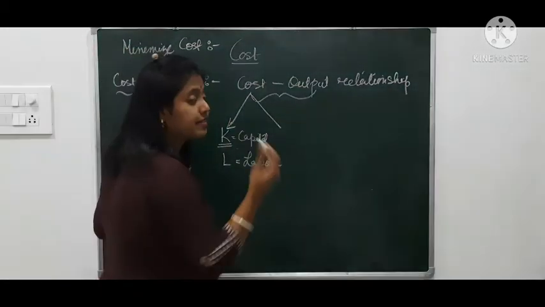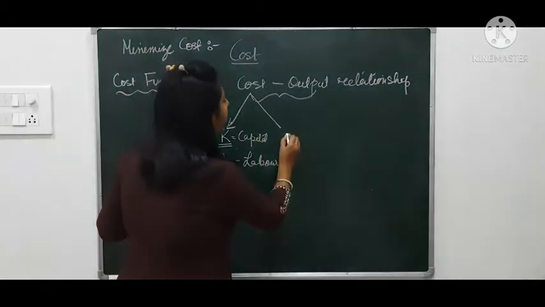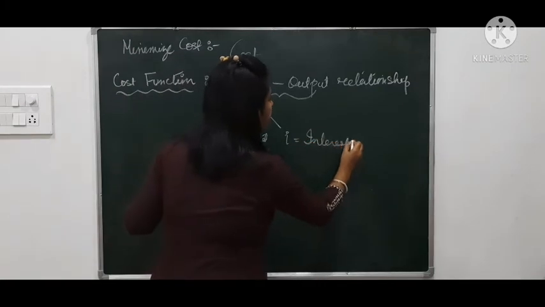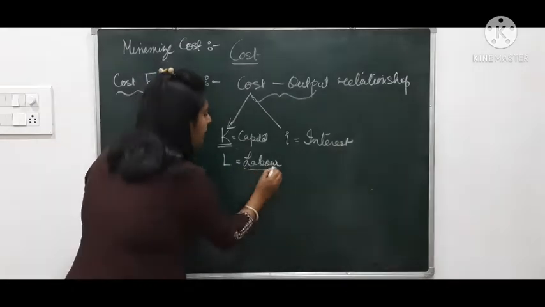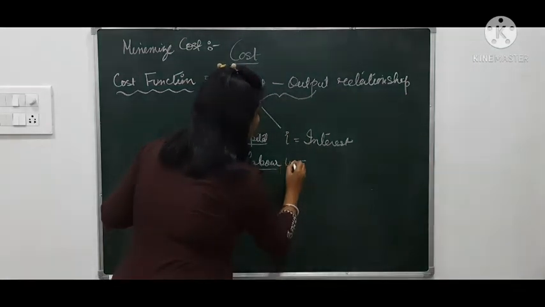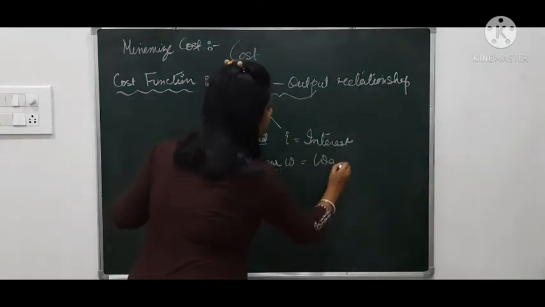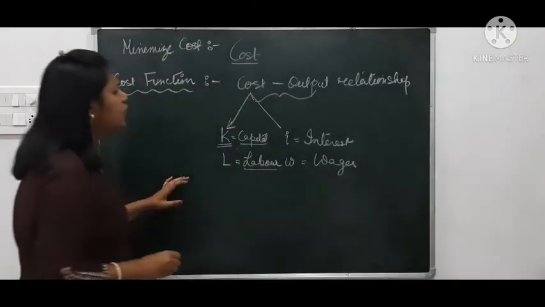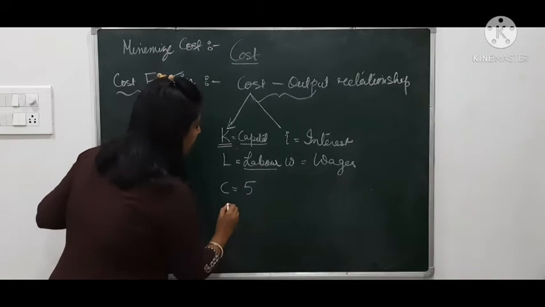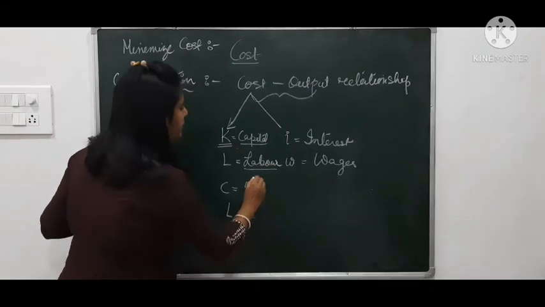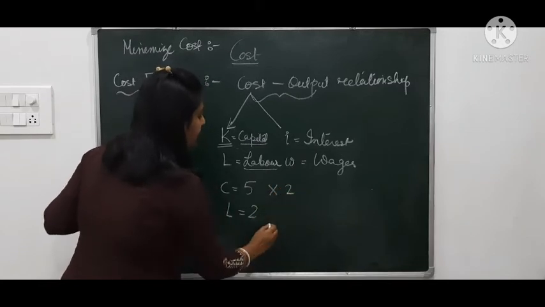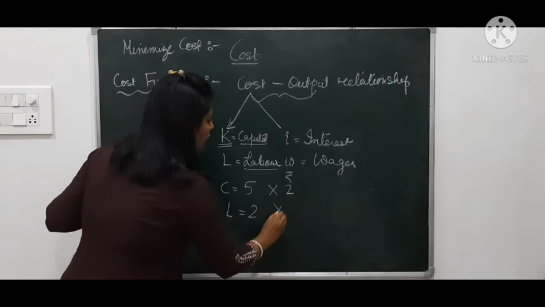For this, I have to pay something in return, which is the interest, I. So the cost of capital is interest, and when I have used labor, I have to pay the labor wages, W. Suppose my capital is 5 and labor is 2, the rate of interest is rupees 2 and the labor cost is 1.